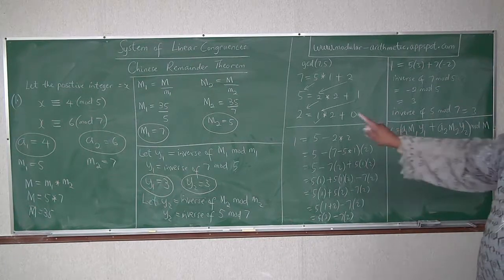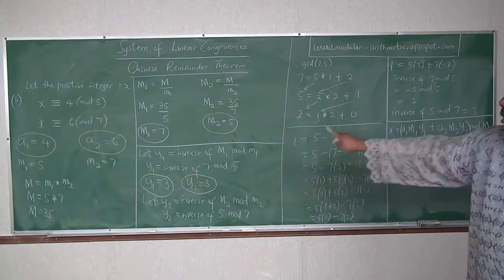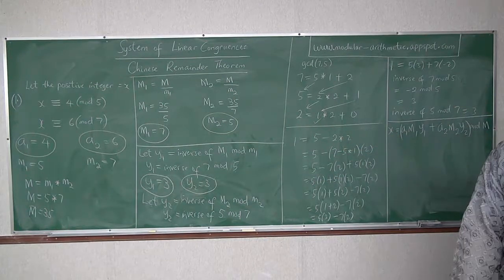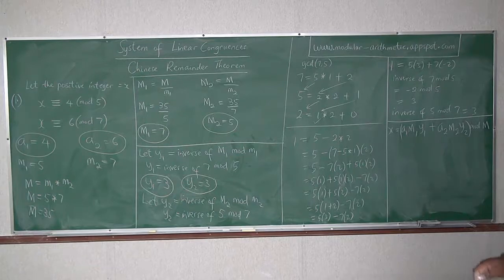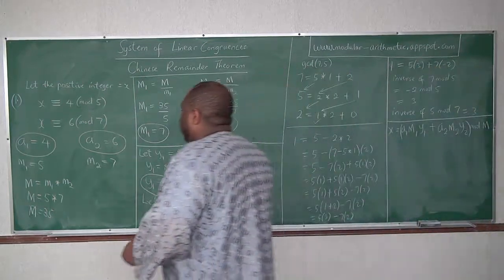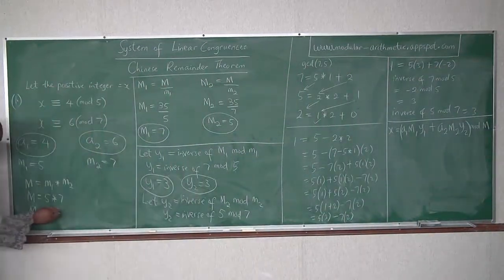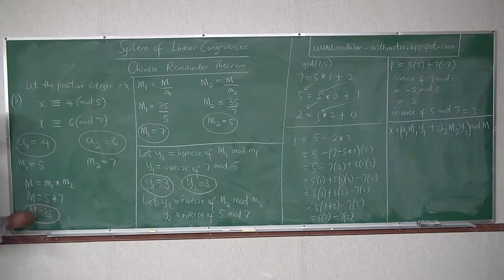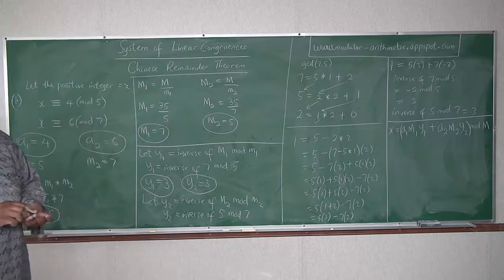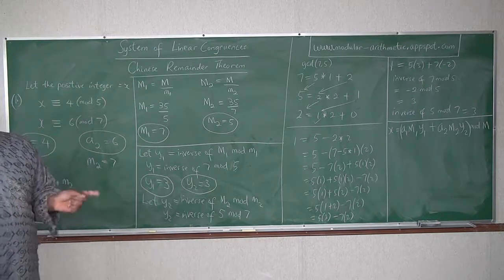That is why I said let's circle what we shall use. Mod big M. So let's circle big M also. Big M is 35. So we're using the big M, the product of the moduli.